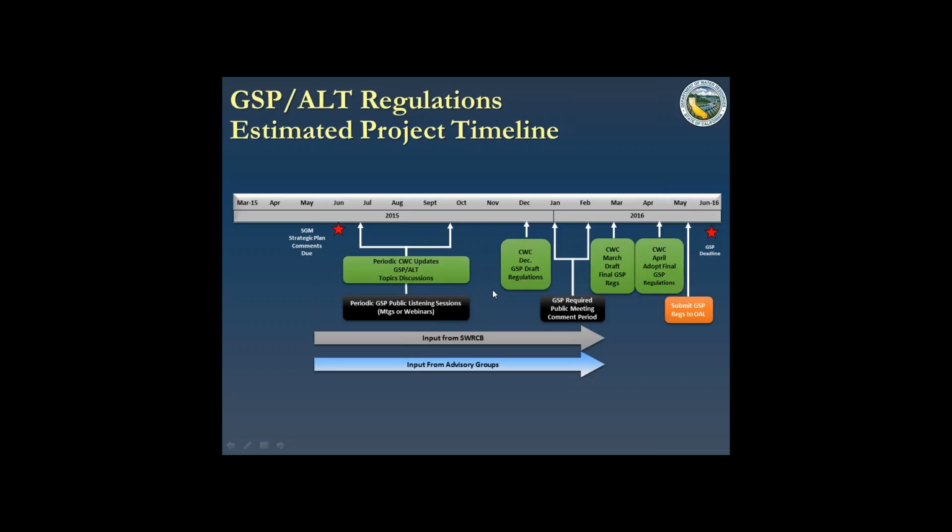And all during this time period, we are doing almost monthly updates to the Water Commission. So I encourage you to go to those meetings or go online and get the information there.